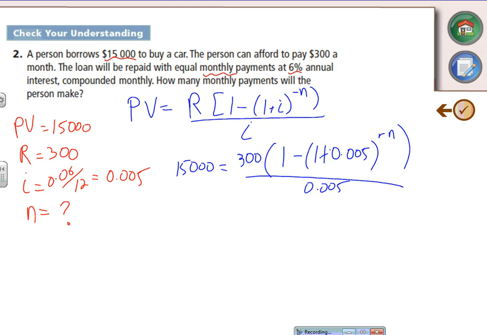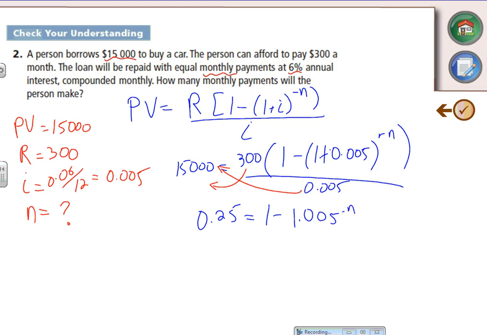I'm going to multiply up the 0.005 and divide the 300 in one step. I know that's a hard one, but do two things at once, and we get 0.25 equals 1 minus 1.005 to the negative n.